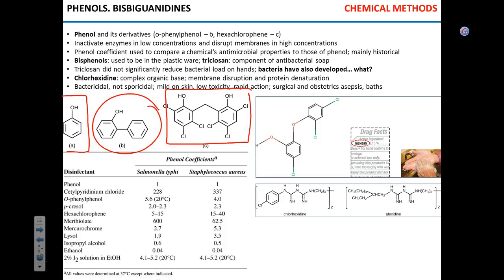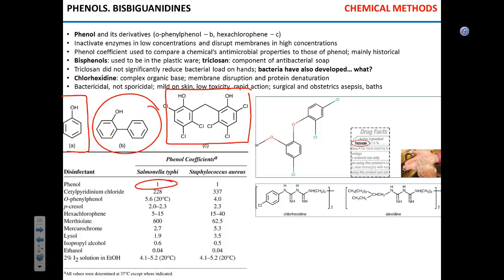One of the interesting offshoots of using phenol as a chemical for bacterial control was the introduction of the phenol coefficient. Since phenol was one of the first antimicrobial chemicals, the phenol coefficient was used to show how a particular chemical compares with phenol.